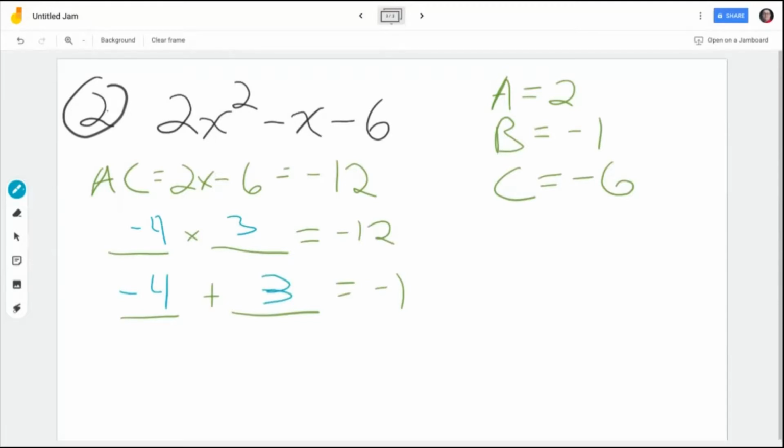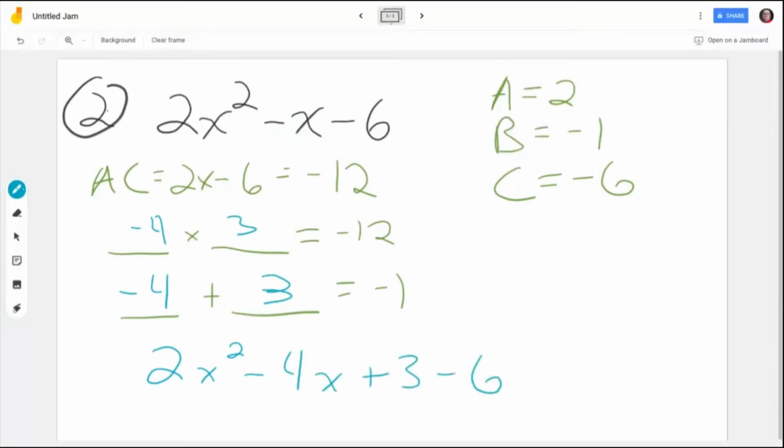So we're going to rewrite our polynomial. We're not quadratic yet. We're going to write 2x squared, and we're going to replace the negative x with these terms here: minus 4x plus 3x minus 6. And I always want to make this point.